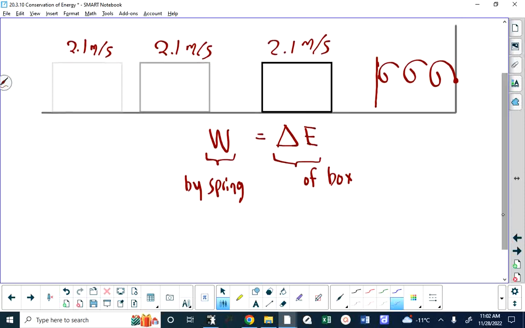Well, that would mean that if this is EKF minus EKI, and the box stops, we're going to have 0 minus the initial kinetic energy.